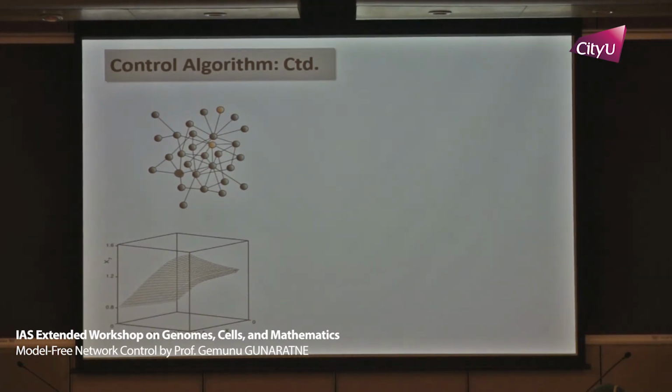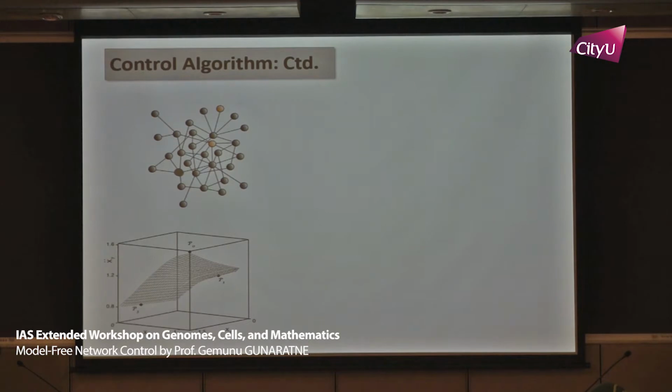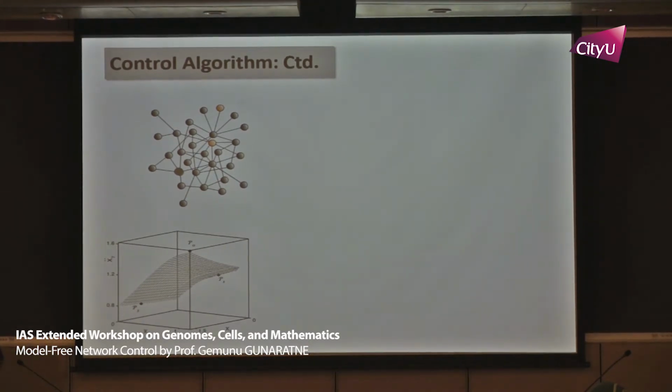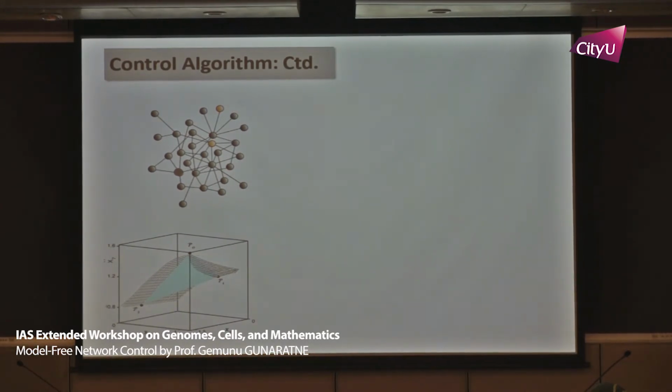Now what I have to do is to approximate this surface, and the approximation can be got by a planar approximation, which requires one additional condition. Remember, I already have done 2 experiments to find 2 points.